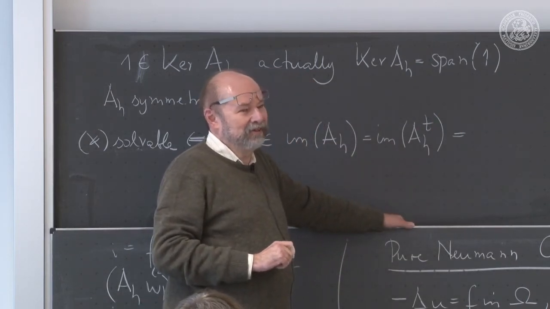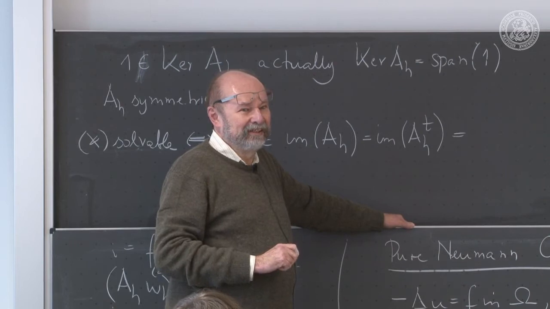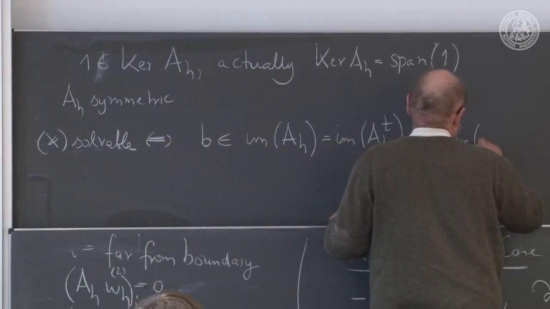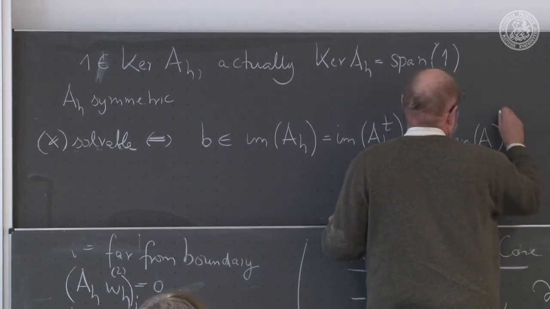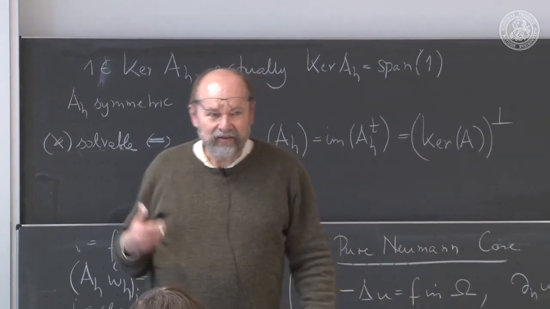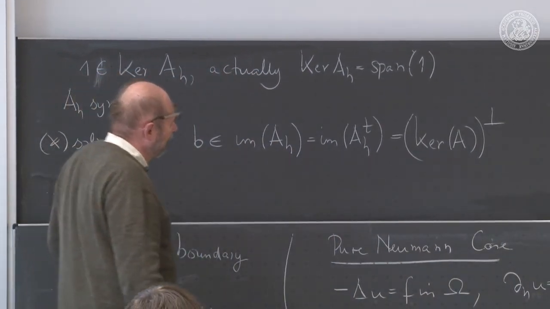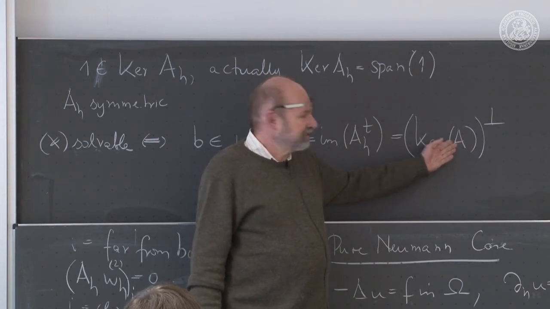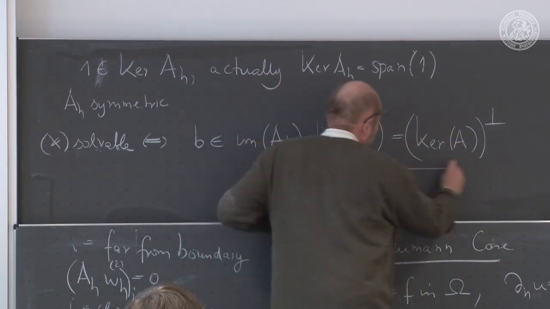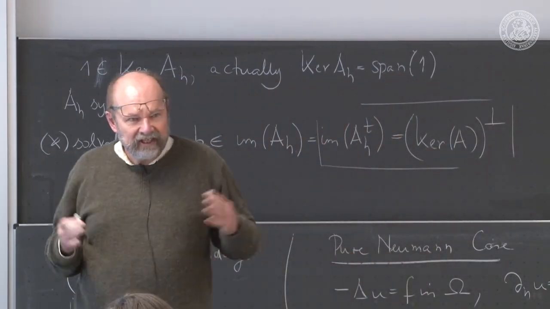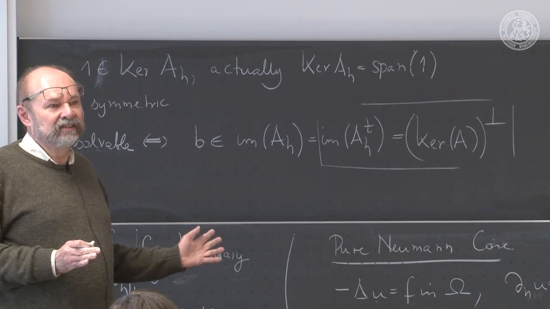You cannot tell me that you don't know that. This is the kernel of A transpose. It is the orthogonal complement of the image of A. That's all. This identity is all you have to know from linear algebra. Forget the rest, because everything you can derive from this identity.